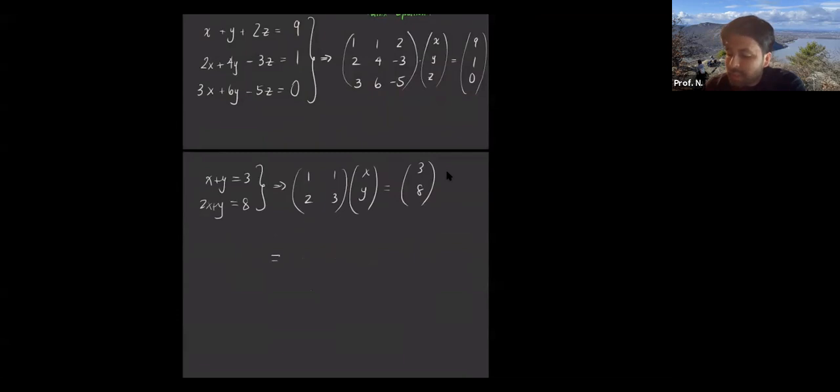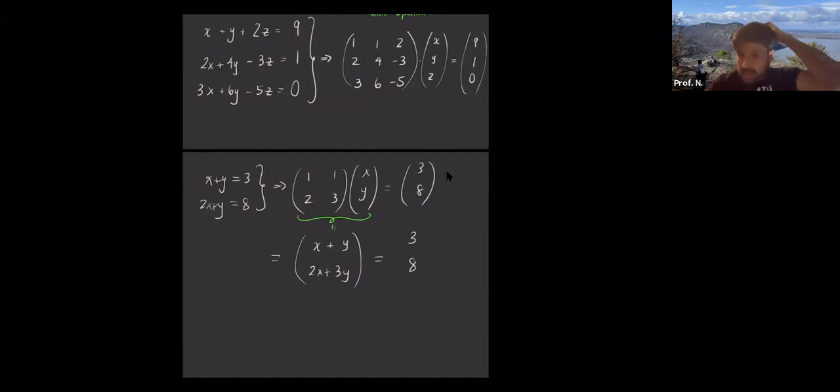I can also think of this as a matrix, X plus Y, 2X plus 3Y, right? That's when I multiply this out. I get a matrix like this. This equals 3, 8.